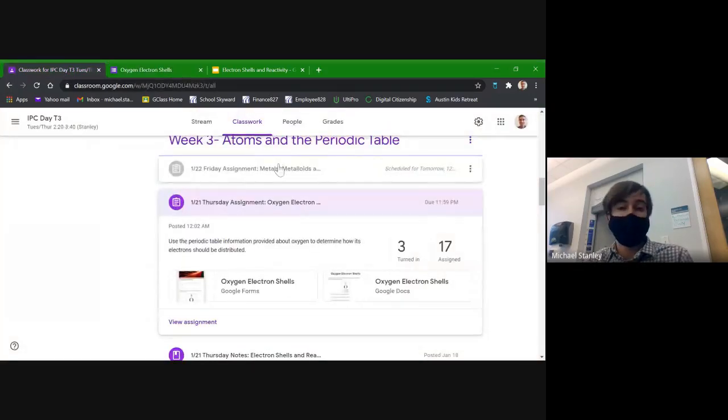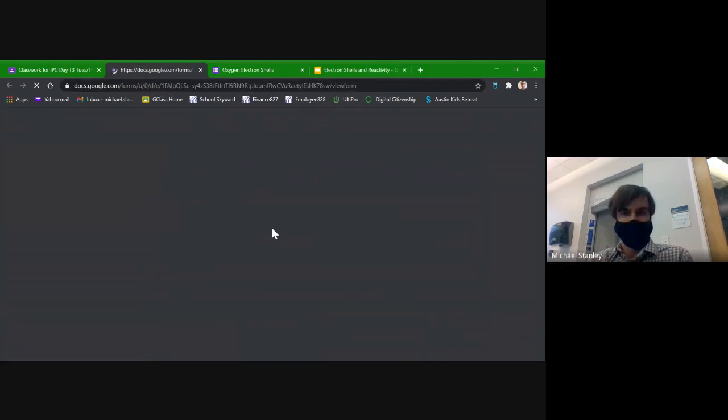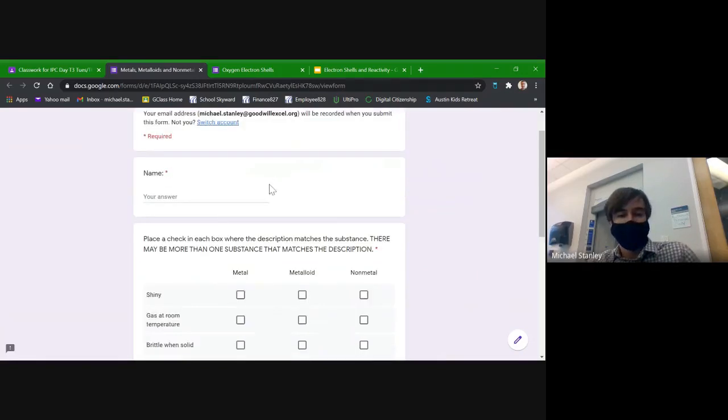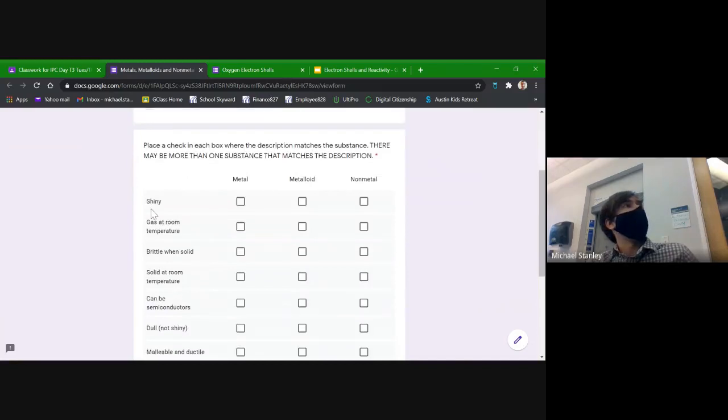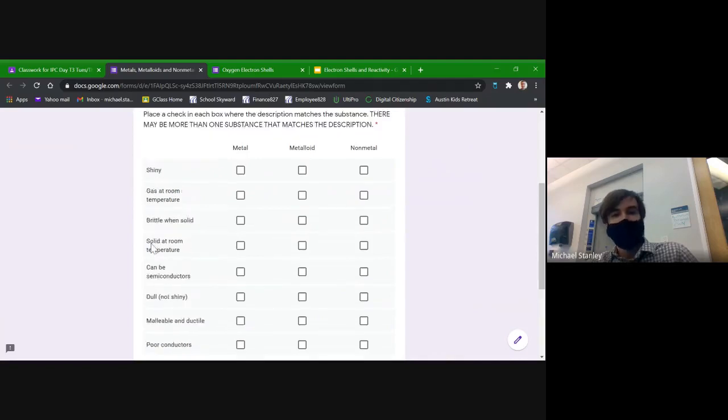And then tomorrow's assignment, I'll give you guys a little sneak peek since you're on the call with me here today. It has to do with those metals, metalloids, and nonmetals that we were just talking about, where I have all of the different categories, all of the different properties of metals, metalloids, and nonmetals over here on the left.